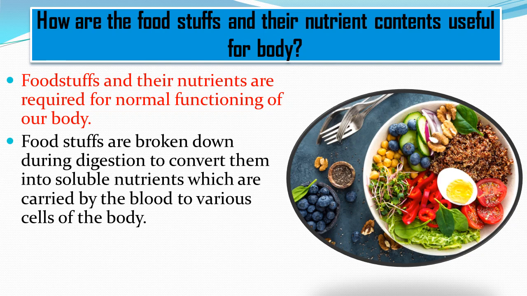And foodstuffs are broken down during digestion to convert them into soluble nutrients which are carried by the blood to various cells of the body. That means we take the foodstuff, it is broken down into simpler food by using digestive enzymes, and then the soluble nutrients are carried by the blood to various cells of the body.